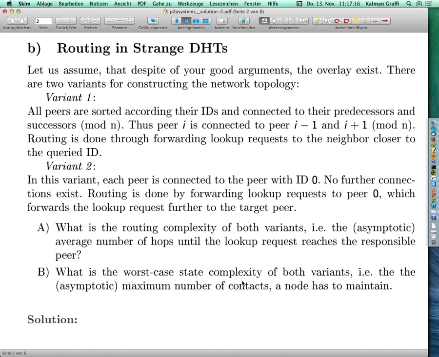So n-1 might be the case for a different question. And for the state, how large is the routing table in the worst case?